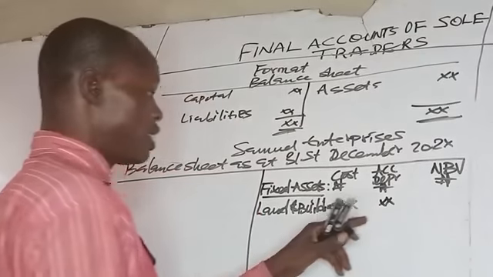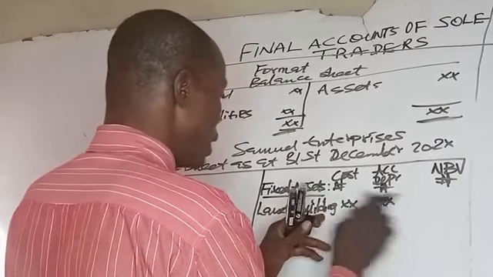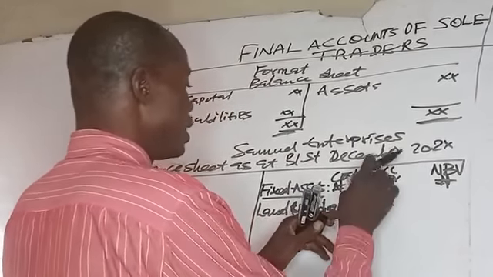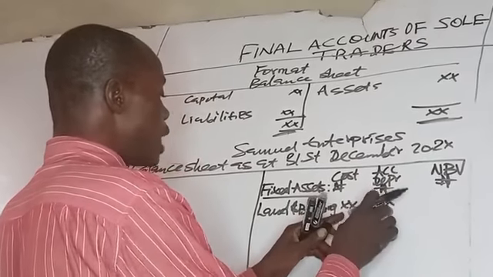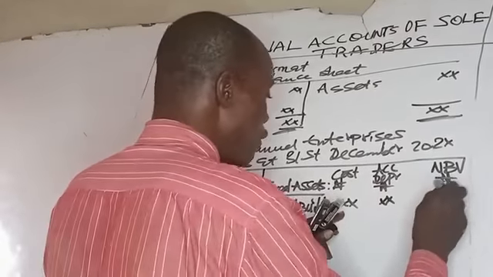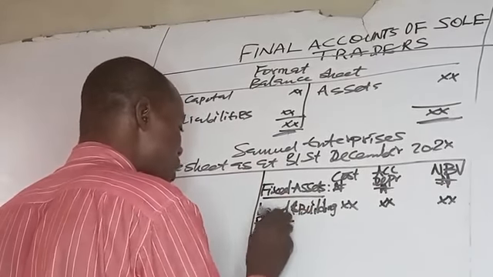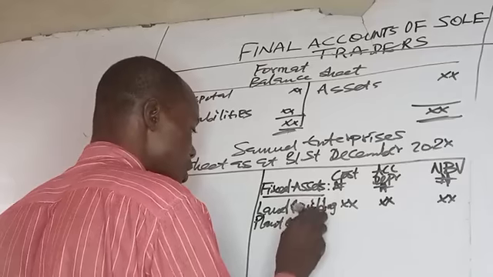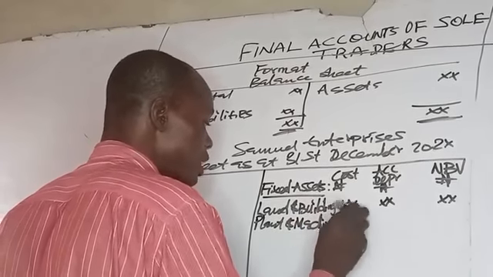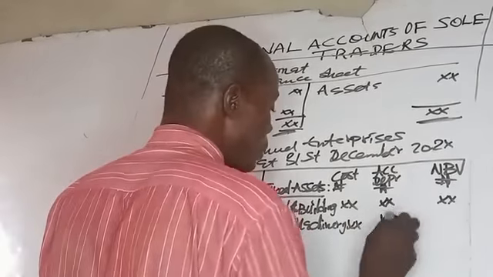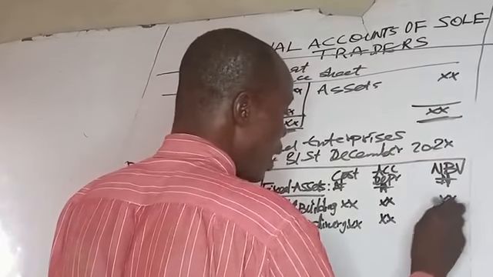By the time we are taking a worked example, I will explain this further. The accumulated depreciation, if you subtract it from cost, you arrive at the net book value. Plant and machinery: the cost of the plant and machinery, the accumulated depreciation on it, when you subtract it, you arrive at the net book value.